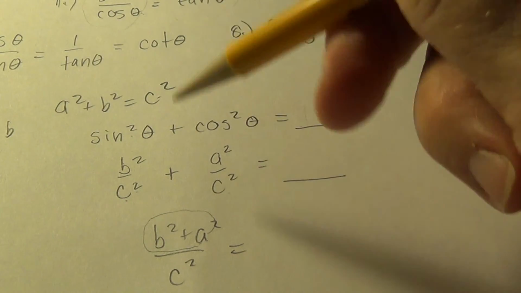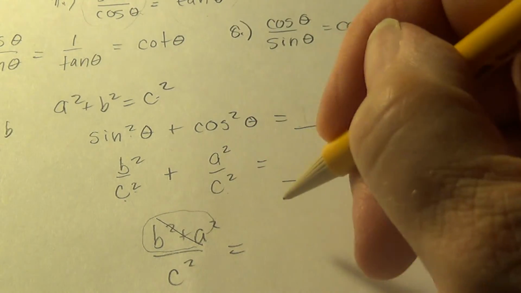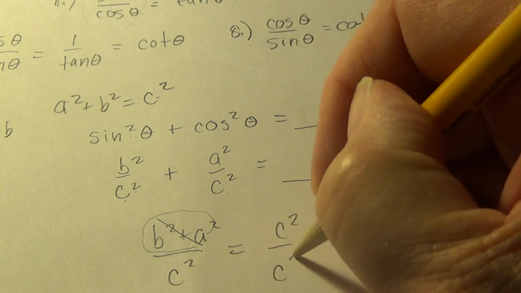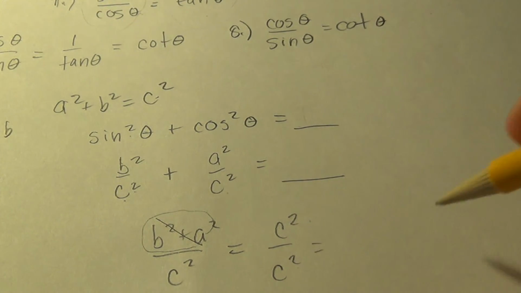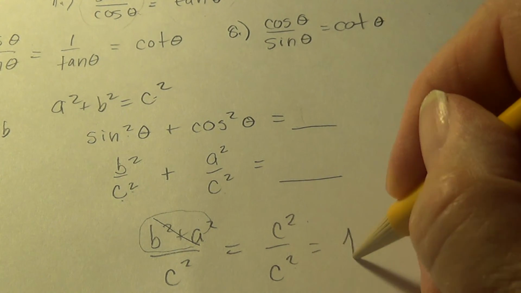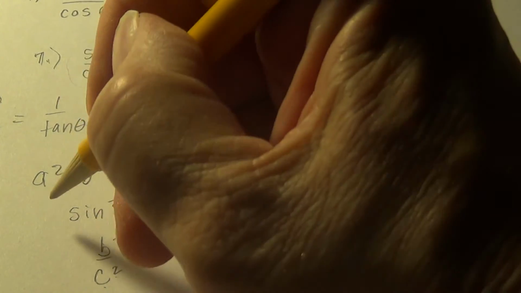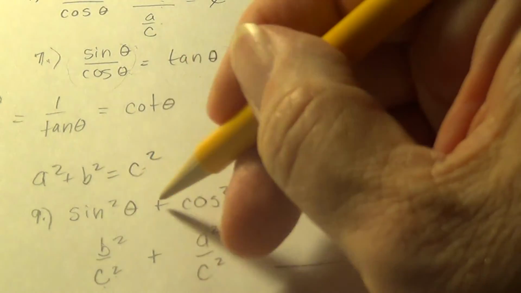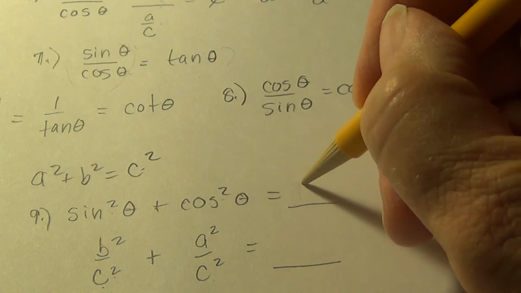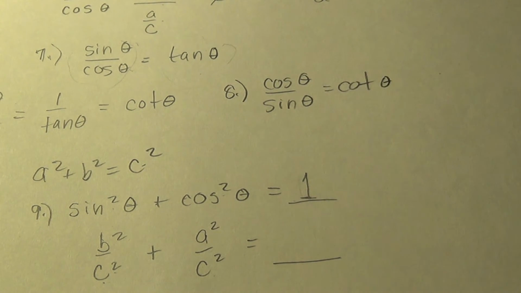I can replace this by substitution with C squared. Now I have C squared over C squared equals 1. So number 9 is sine squared plus cosine squared equals 1. That's the 9th trig ID.